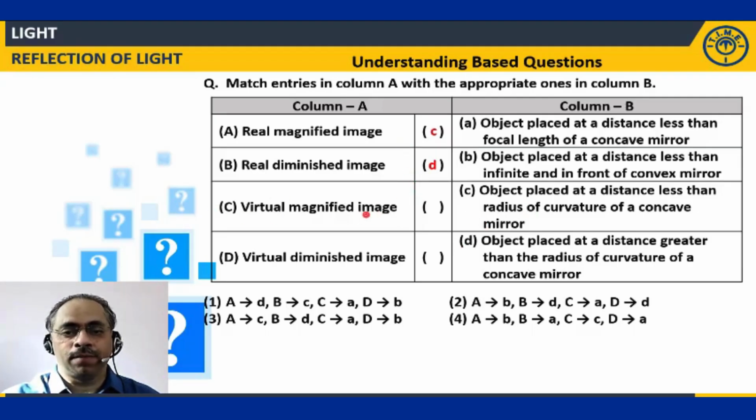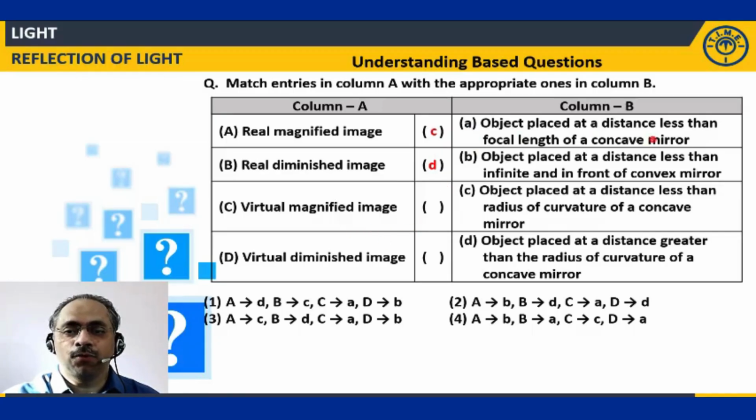Now virtual magnified image. When do you get a virtual magnified image? A virtual magnified image is obtained by a concave mirror only, and that too in one condition. What is the condition? We need to place the object between F and P, between the principal focus and the pole. So where is that option?